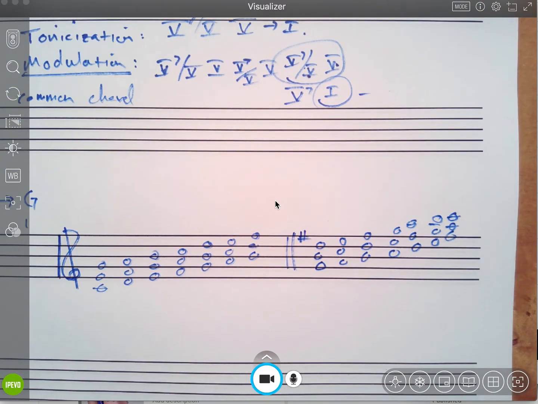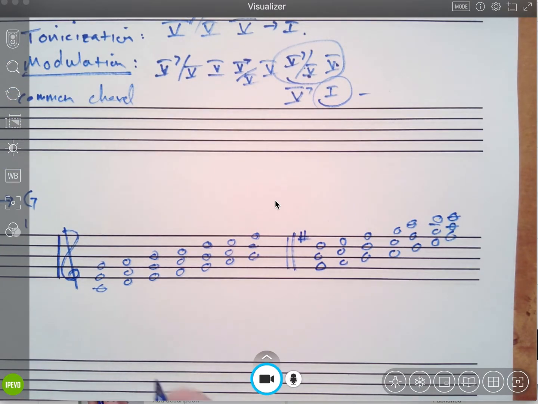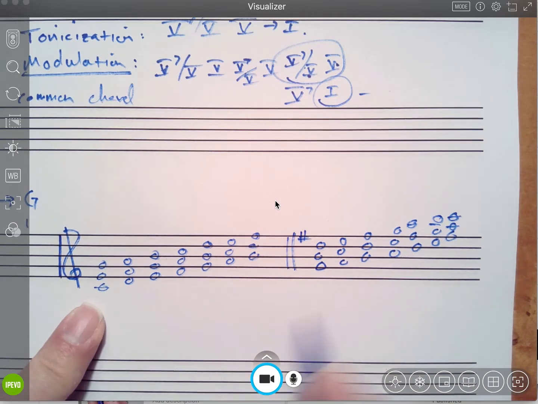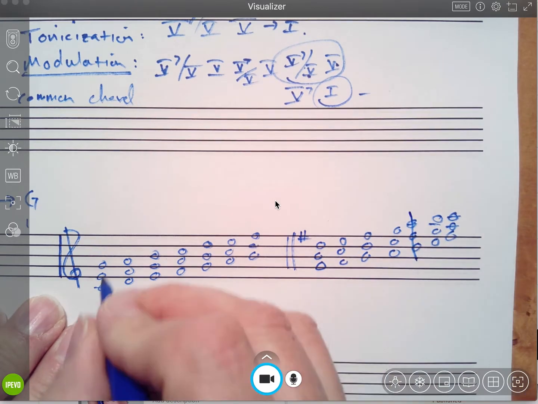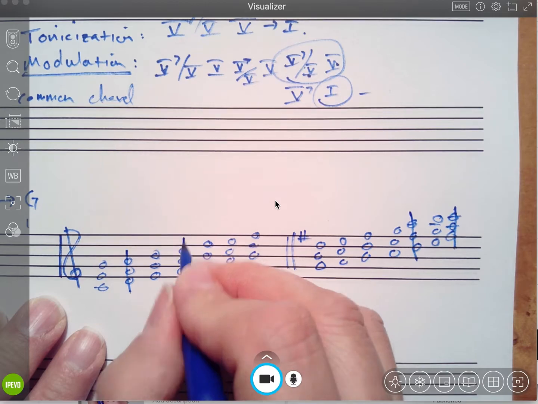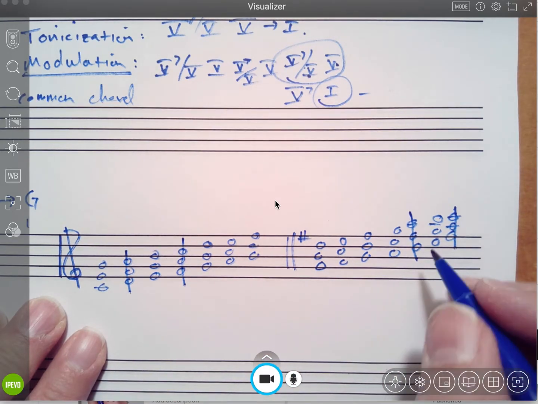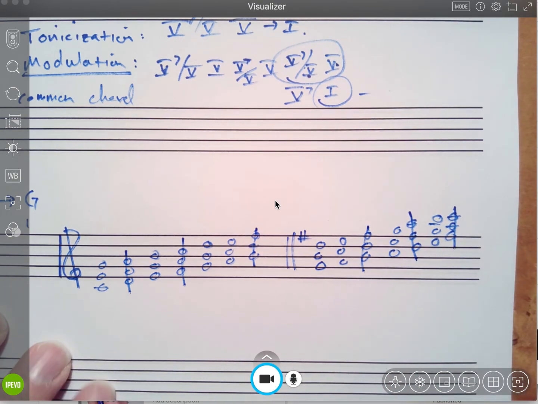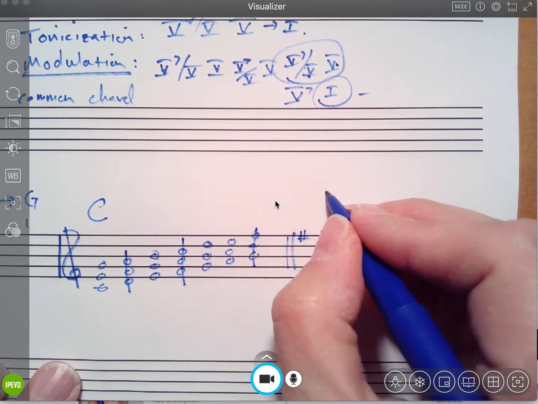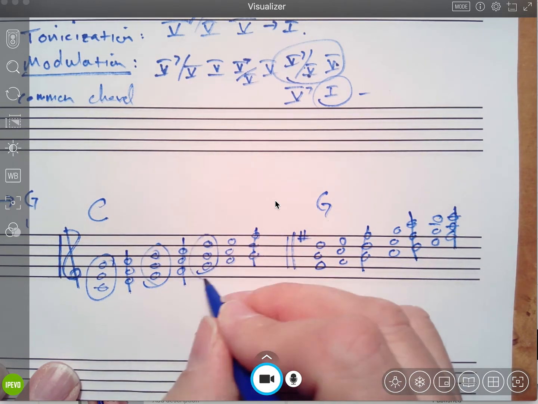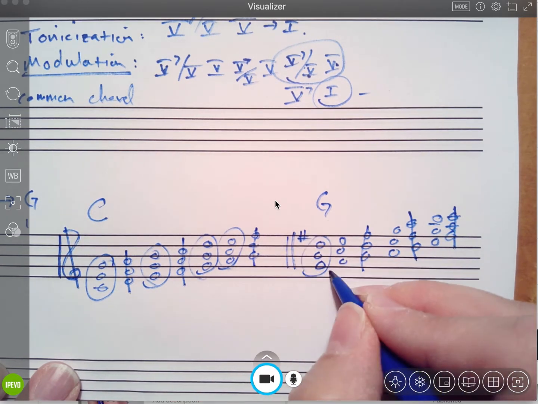Between these two keys, many chords are in common. The only ones that are not in common, here we have D major and D minor. Here we have F sharp diminished, F major. And here we have B diminished and B minor. So from C major to G major, there are 4 chords that are common to both keys.